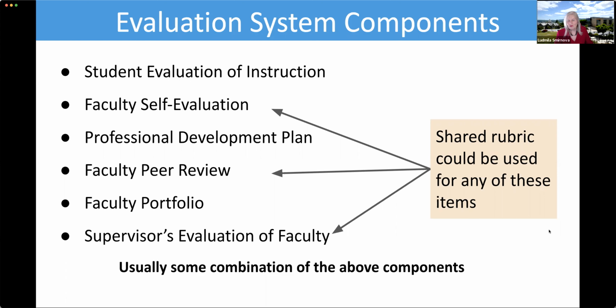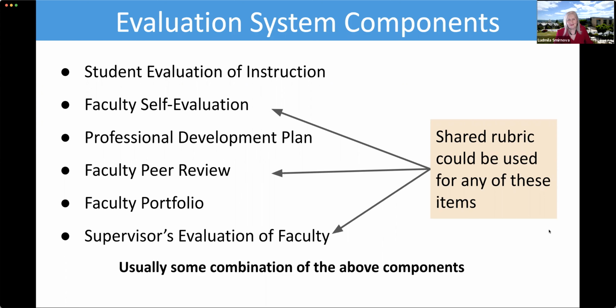Faculty peer review: who evaluates, how they evaluate, in what way? Is there a system in place? Are teachers using portfolios, electronic portfolios, and how is this course evaluation integrated in the faculty portfolio, and supervisors' evaluation of faculty.